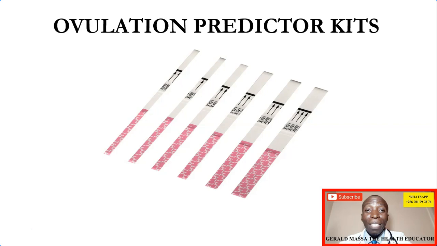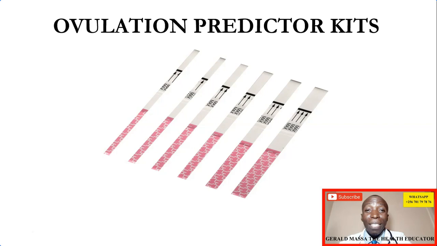Next, we said you monitor what we call your basal body temperature, and when your temperature rises, those days when your temperature is high, that is when you are most likely to be ovulating. And then lastly, we said that you use what we call the ovulation predictor kits, and these are testing kits specifically designed to look for the two hormones, that is the luteinizing hormone and then the estrogen hormone.